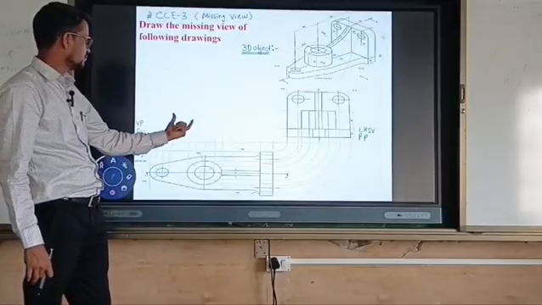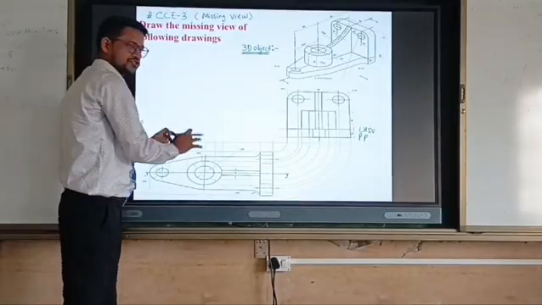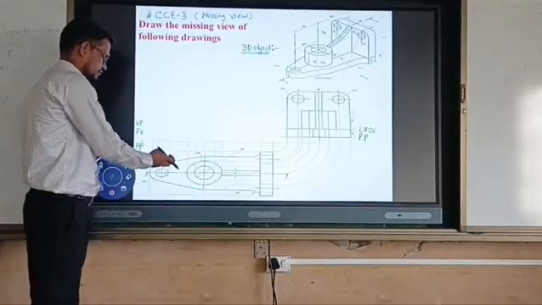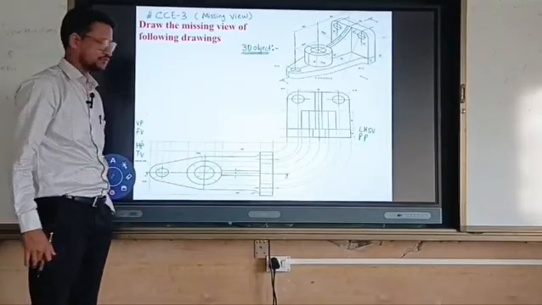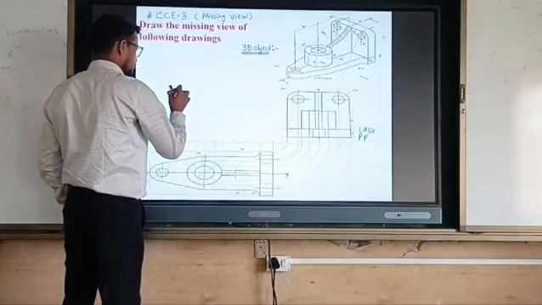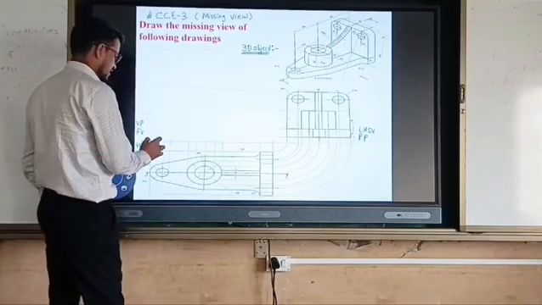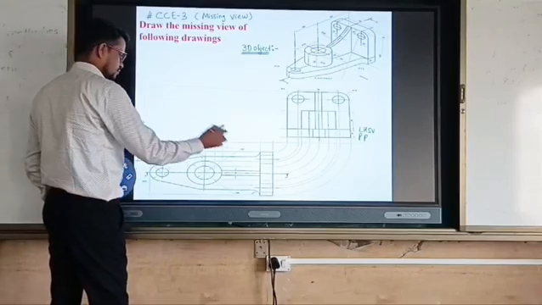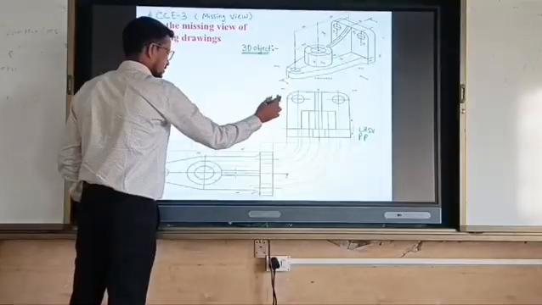Now this missing view I will show in this entire region. How? Take the benefit of the top view and the side view. Now when I draw a projector from the side view, here is the height, and when I draw the top view projector, here is the length, the entire length.